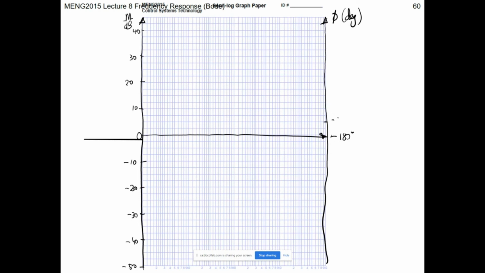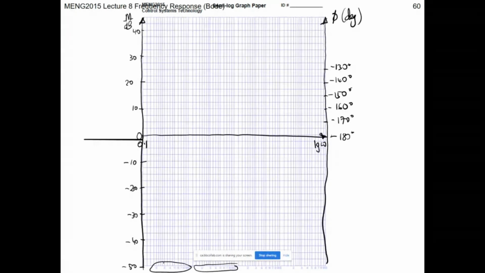Then log omega here. I'm going to start with 0.1 on this first scale. If you look at the bottom, you see these numbers, which give you your logarithmic scale for omega. So this is going to be 1.0, this is going to be 10, and this is going to be 100 here.